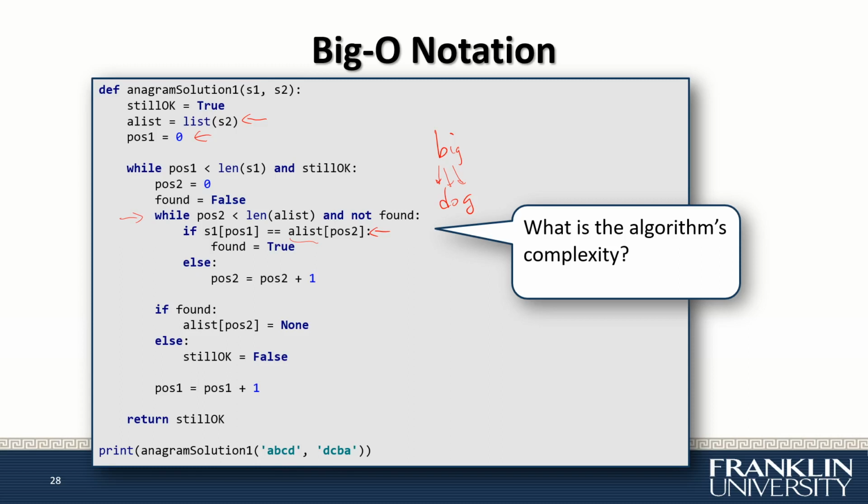If I find a character, then I set found to true. So if I have A, B, C, D and D, C, B, A, I check A to D, A to C, A to B, and A to A, and I find it. And I set found equal to true.